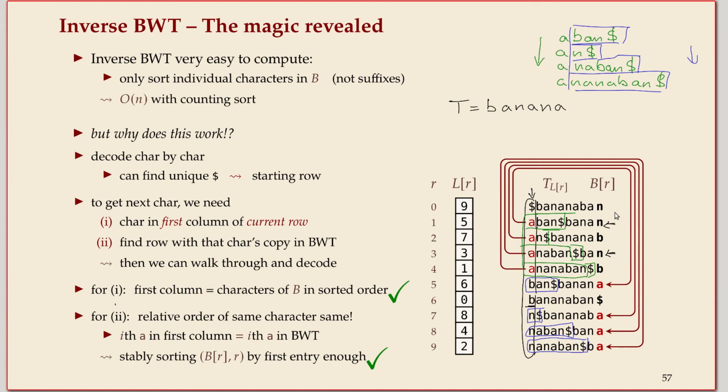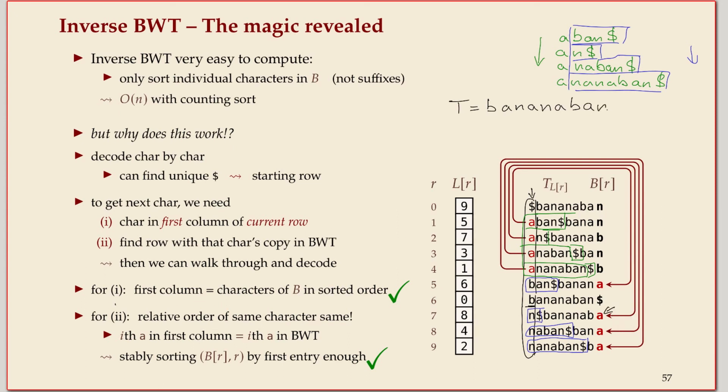That's the first A, so now I go to this position, position 5, then there I find a B. This B is the first B, so it takes me to this row. There I find another A. That's the second A, so I map it to the second A. It's down here.